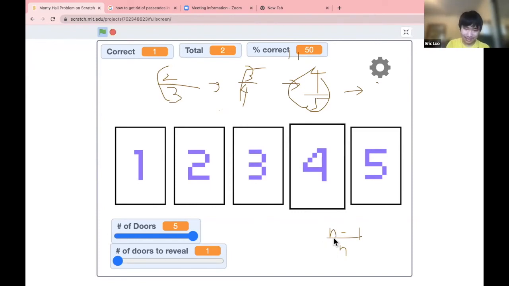If we do a bit of simplification, we would actually find that it is 1 minus something. If we separate this into n over n minus 1 over n, then we would get something like this, right?